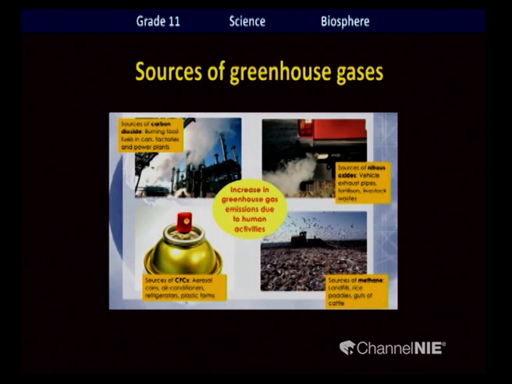In addition, combustion of fuels in transport, in vehicles, also releases CO2 gas. Sulfur dioxide and nitrogen dioxide can also be considered polyatomic, but they can cause acid rain as well. In addition, methane is released from garbage dumping sites due to the anaerobic activity of bacteria on decaying organic matter.